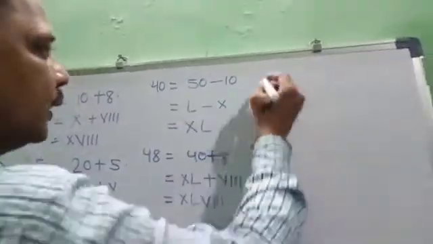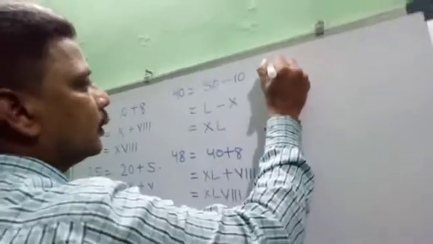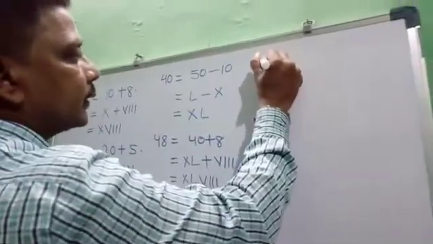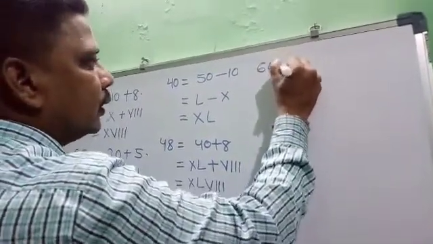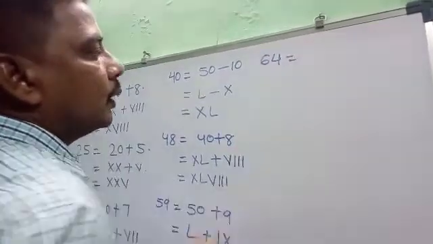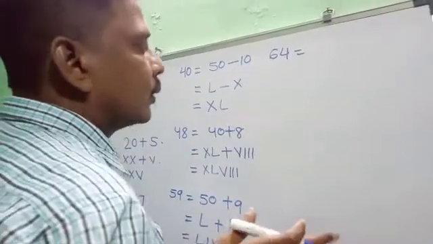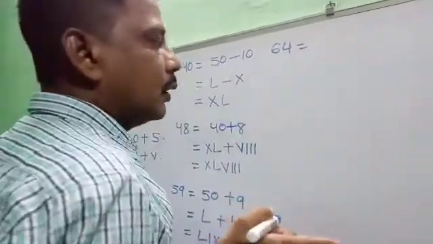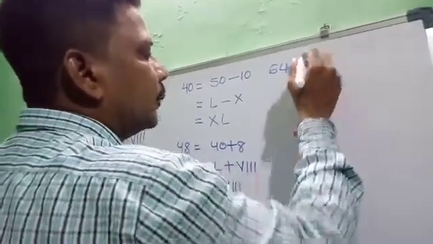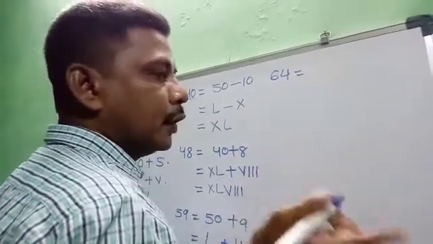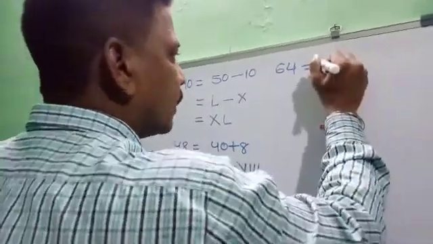Then the next example, suppose 64. 64 means 60 plus 4. You can write 60 plus 4, or you can write 50 plus 10 plus 4. Okay.